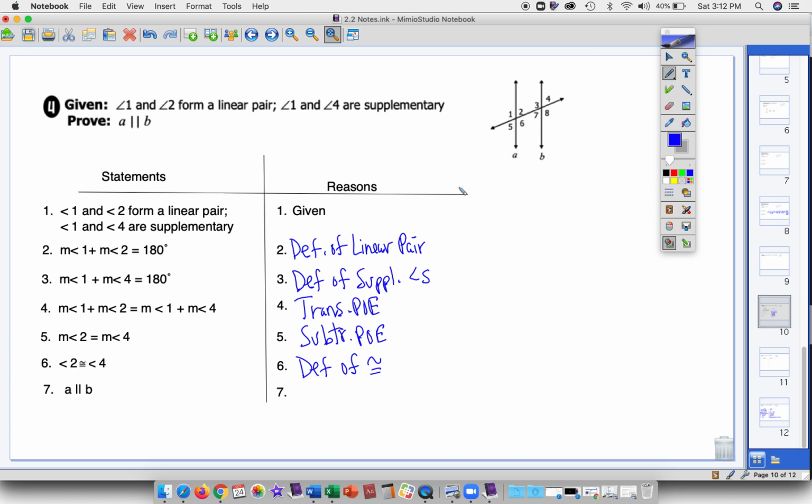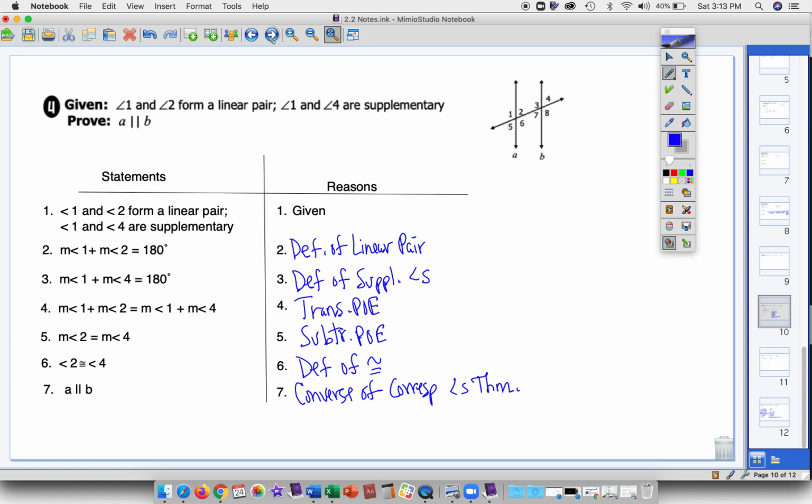And then lastly, I'm using the converse of the corresponding angles theorem. Okay, so you've seen me write this 2 different ways. I think last time I did corresponding angles converse, or converse of corresponding angles theorem. I would accept either way.